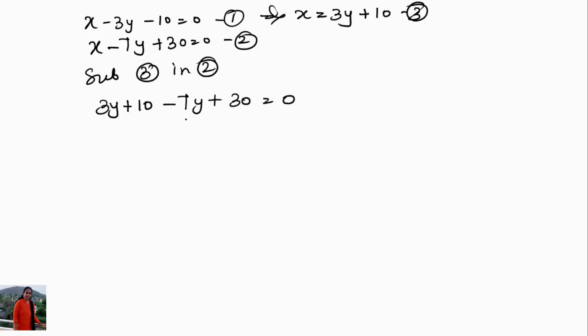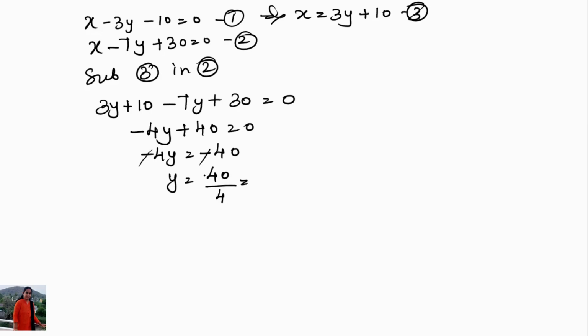So collecting the y terms, 3y minus 7y is minus 4y, 10 plus 30 is plus 40 equal to 0. So minus 4y will be equal to plus 40 will become minus 40. So both the negatives get cancelled. Then y will be equal to 40 divided by 4, which is 10. So we got y is equal to 10.